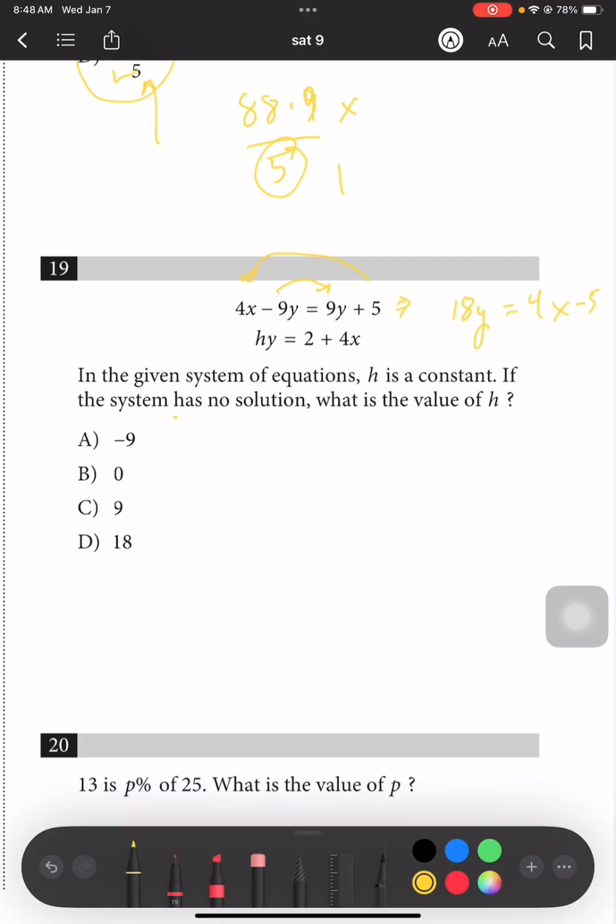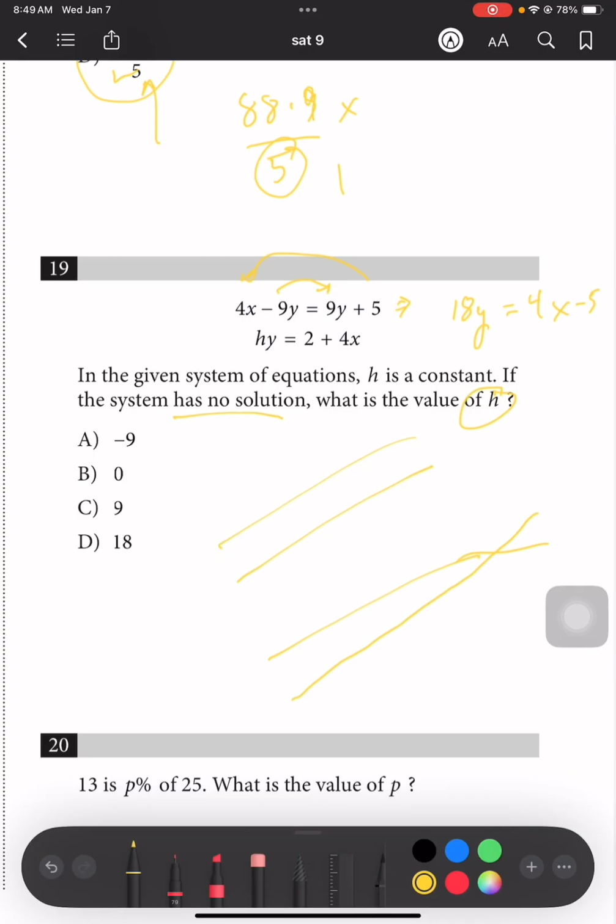If the system has no solution, what's the value of H? Well, it means they have to be parallel equations. If they have no solutions, that means these lines do not cross. If your slope is slightly different, as in not the same, they will eventually cross somewhere. So these two lines would be perfectly level with each other.